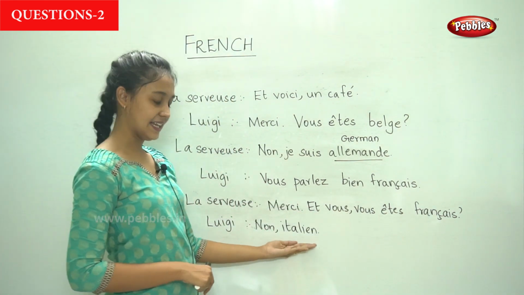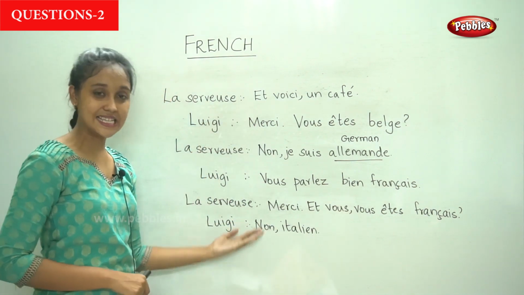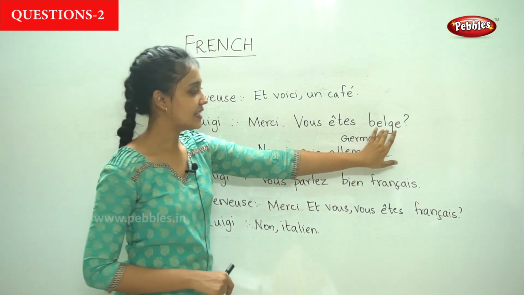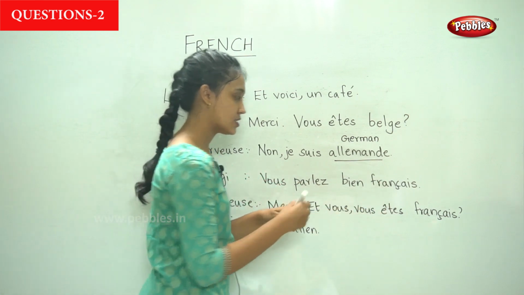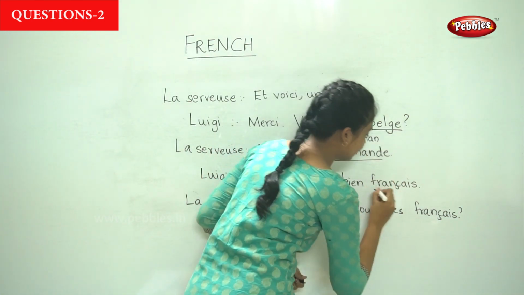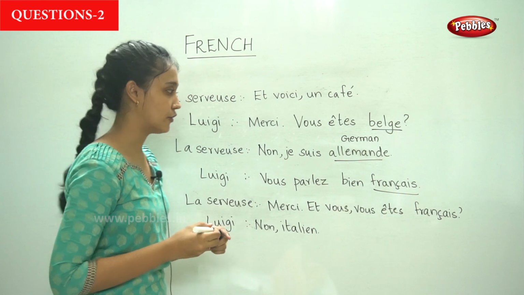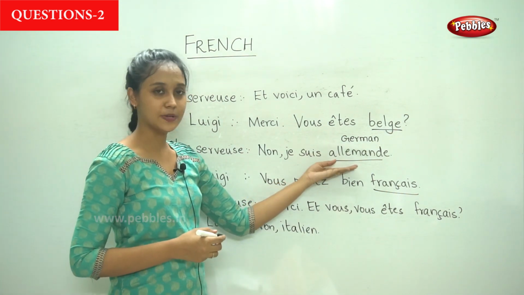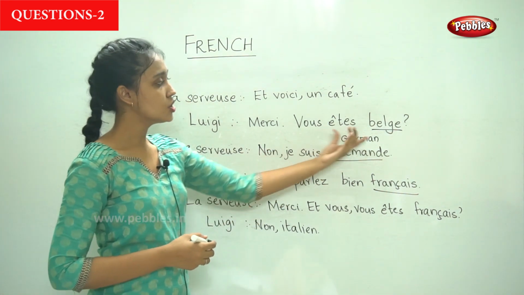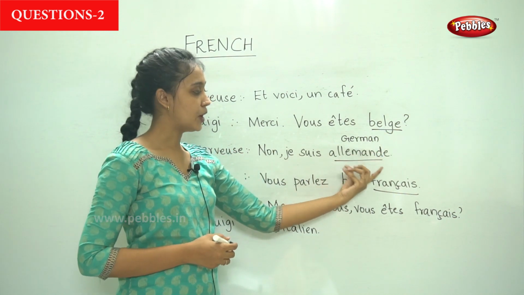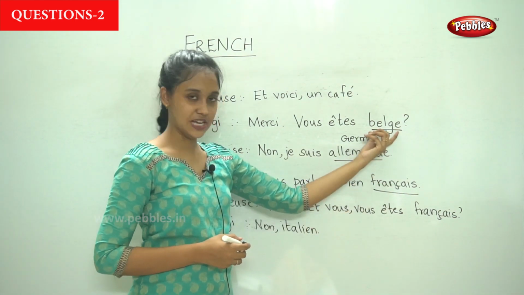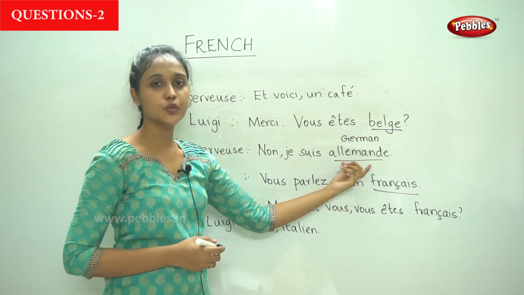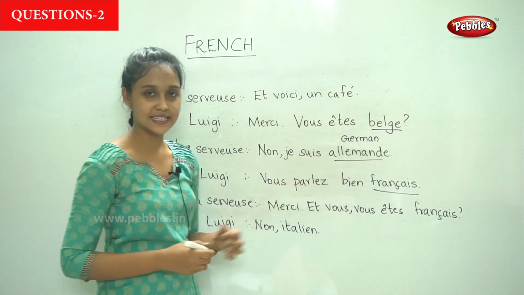Non, italien. So now in this sentence we see that there are these words used. So these words indicate the nationality of the person, from where the person comes from. So we are going to learn about these different nationalities and how to use those words in the next session.